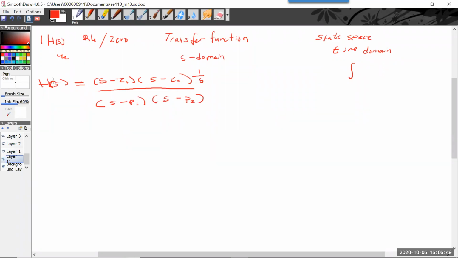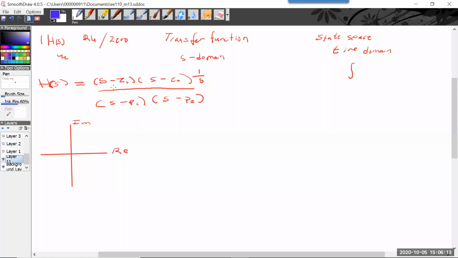Recall, here's our imaginary and here's our real axis. Zeros would be done with a circle. It's where the transfer function equals 0.